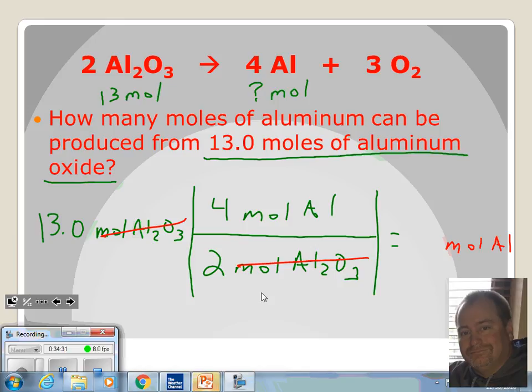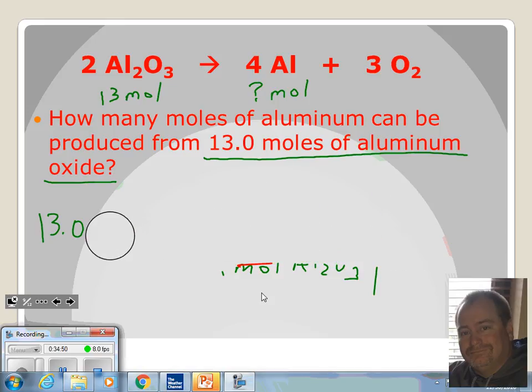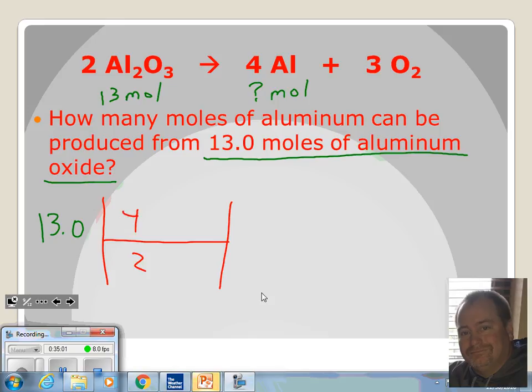This is why, people, I've been telling you to make sure you have labels, because here's how I see people doing this. They say, okay, I've got 13 of that. Then I do my conversion box, and I go 4 over 2.